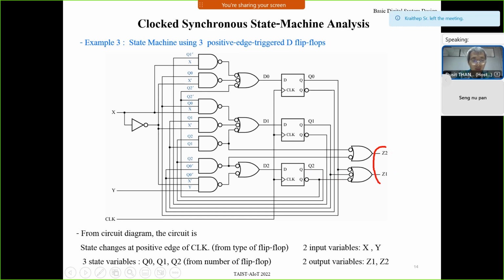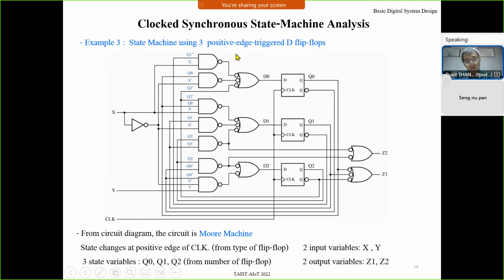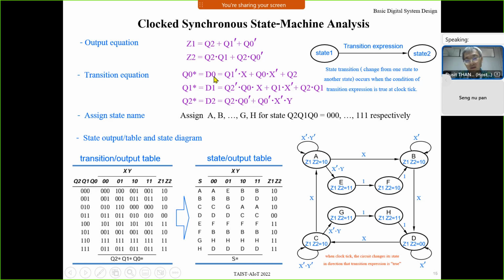So the output equation of this one is a function of only state variables. So this is a Moore type state machine. Okay, and from this part of the circuit, you can determine the excitation equation and then the transition equation.